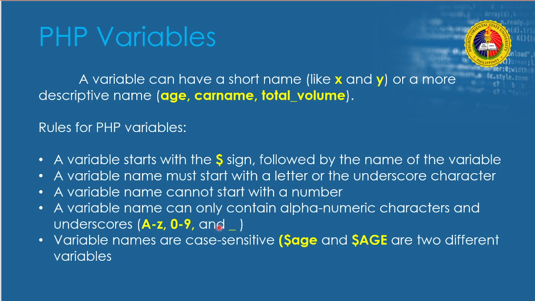We'll try another example of displaying variable output. So we'll say text.